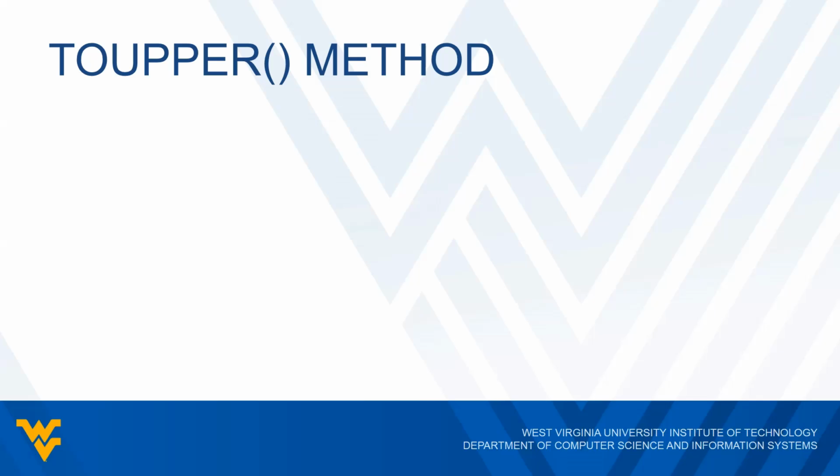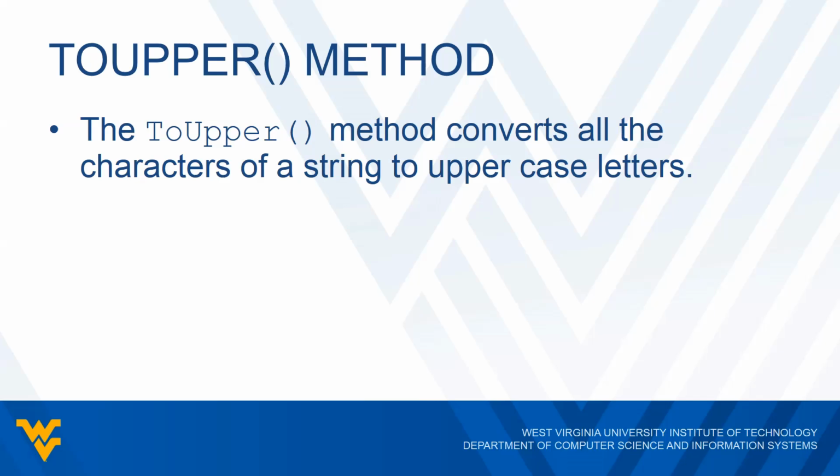One of the methods that we can use with strings is called the toUpper method. This is pretty much the same thing as the toUpper method in Java, if you're familiar with that programming language. The idea with this method is we take all the characters of a string and we convert them into their uppercase equivalent. If there's a character in there that's not a lowercase letter, it just stays the same.